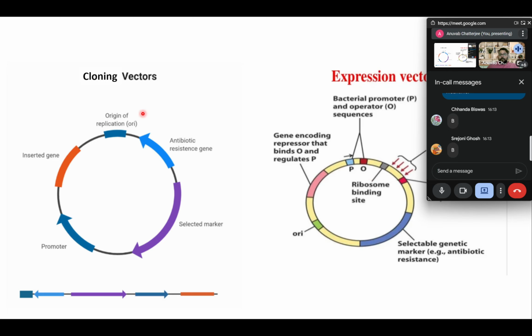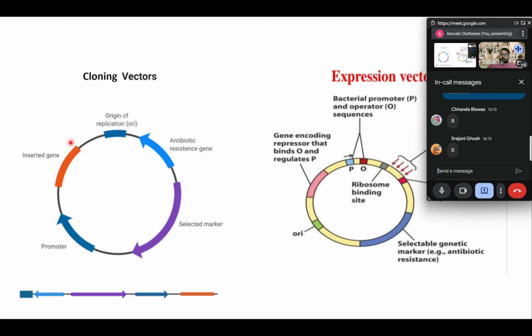But the question remains: if you have cloned your particular gene in a bacterial cloning vector, how do you get it all the way over to an expression vector, which is present and can only replicate in mammalian cells? So in between both of these, there is another form of vector called a shuttle vector. A shuttle vector is one which can grow both in the bacterial system as well as the mammalian or yeast systems.